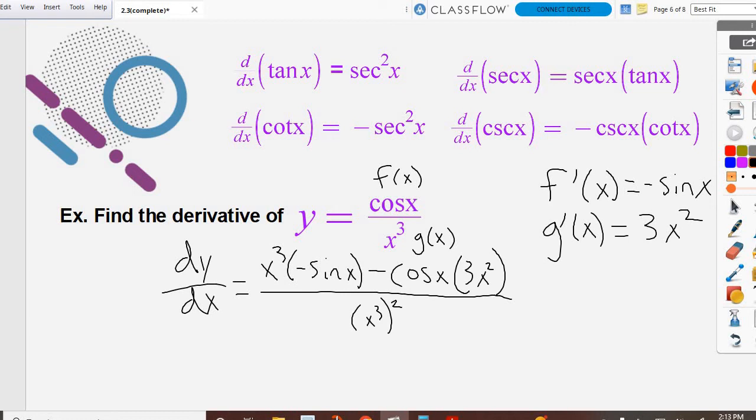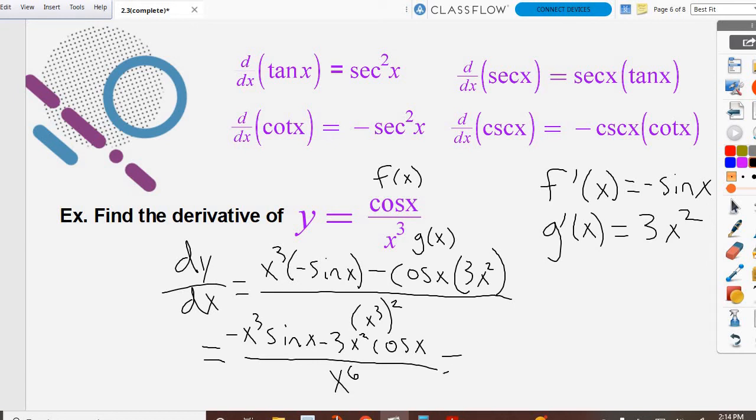Again, it doesn't look super pretty. We are going to be able to simplify it a little bit. Notice I have negative x cubed sine of x, and then I have 3x squared cosine of x. And then what do I get on the bottom?